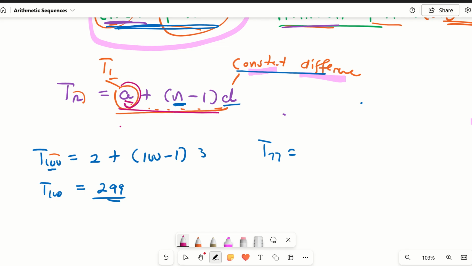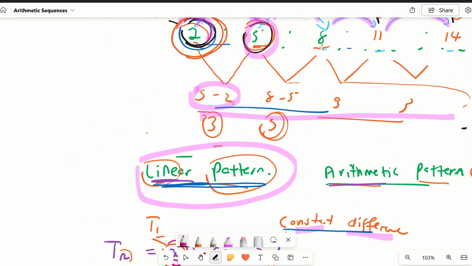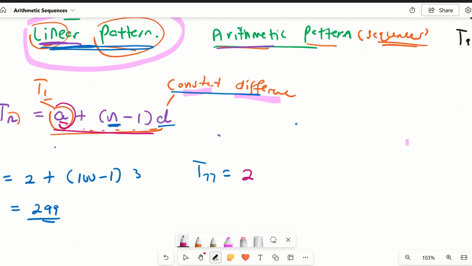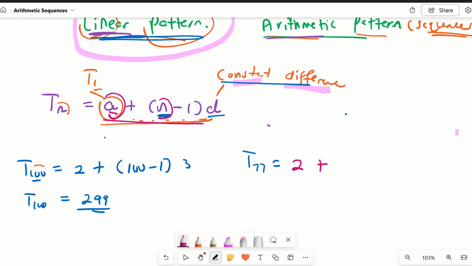This a represents the first member of the sequence, which is 2, and plus, now we substitute n. n is 77. n is just the position of what you're looking for. So we're looking for the number that's positioned number 77.